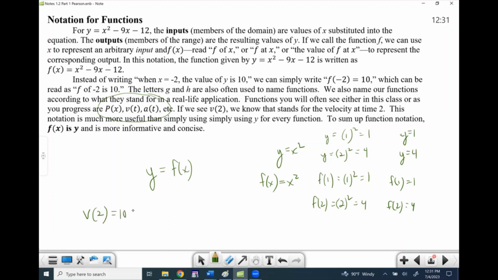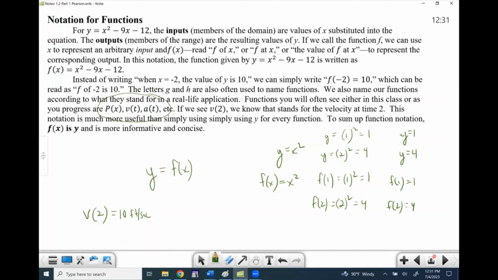If I put 10 feet per second after it, I know exactly what this 10 was: the velocity at time 2. Versus if I just had y equals 10 feet, I wouldn't know what the x value was, and I also wouldn't know what type of function it was. I wouldn't know that's the velocity. So this is much more concise. It says a lot more, and it says it efficiently.